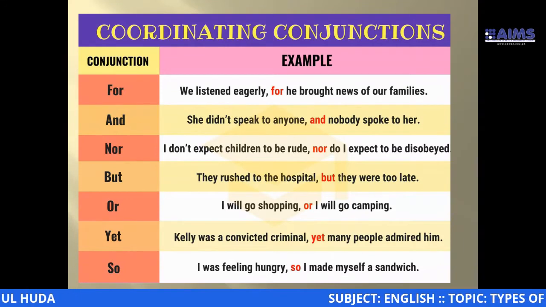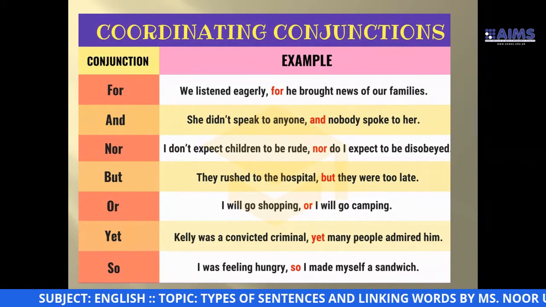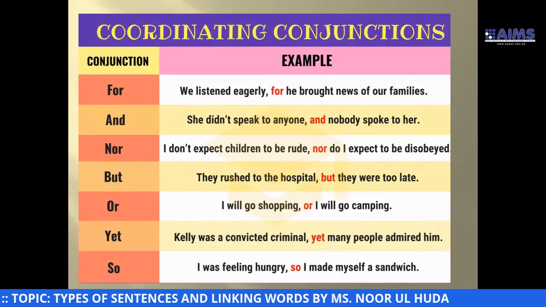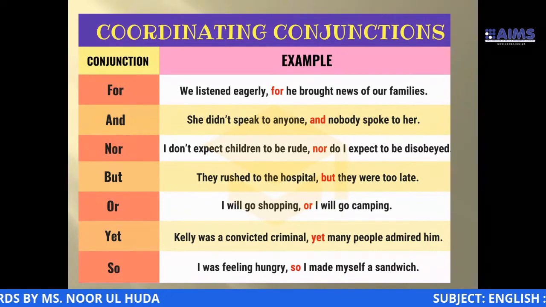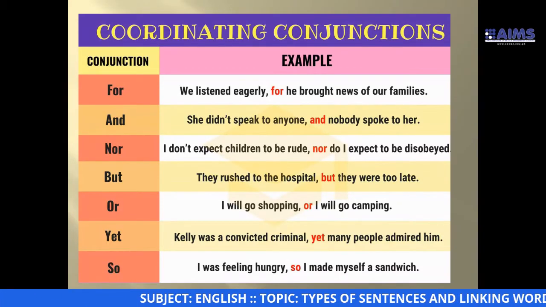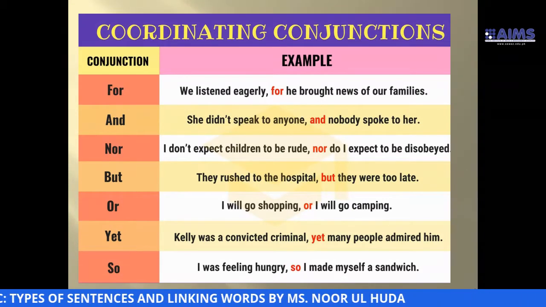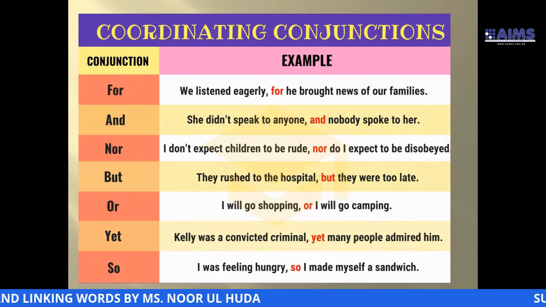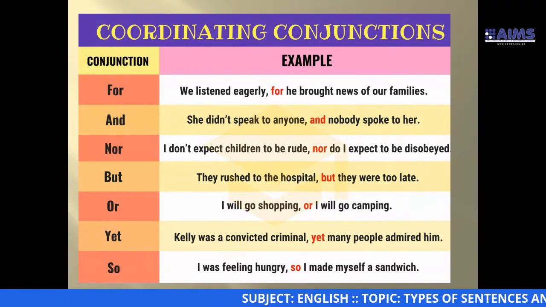Because we need to combine two things, we need some kind of glue, and this is actually the glue of compound sentences. Whenever we are using compound sentences, we can only use these coordinating conjunctions. If we use any other conjunction, it may change the meaning from the compound sentence to another kind of sentence.